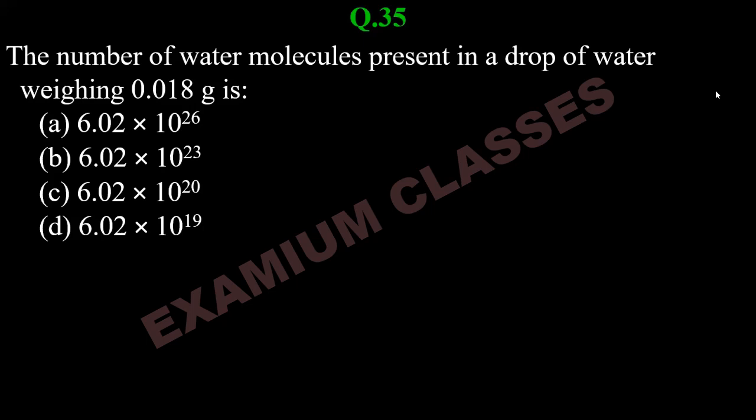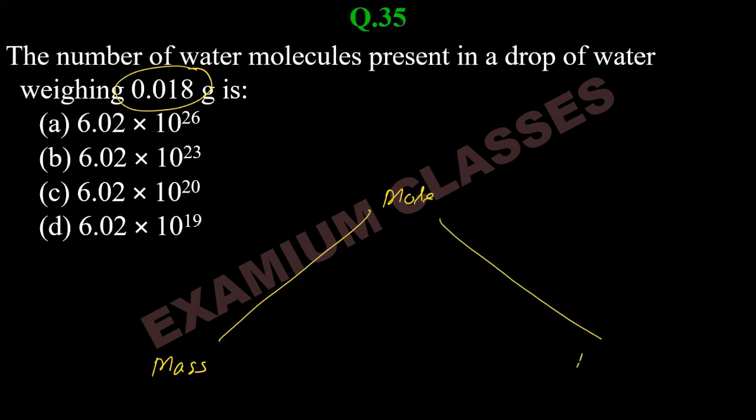Now try to understand the number of water molecules present and what is the given mass. So basically it is conversion of mass to mole to molecules. You remember the diagram. It is 0.018 gram. Whenever we are moving inward, it will be division: 0.018 divided by 18, the molar mass of water.